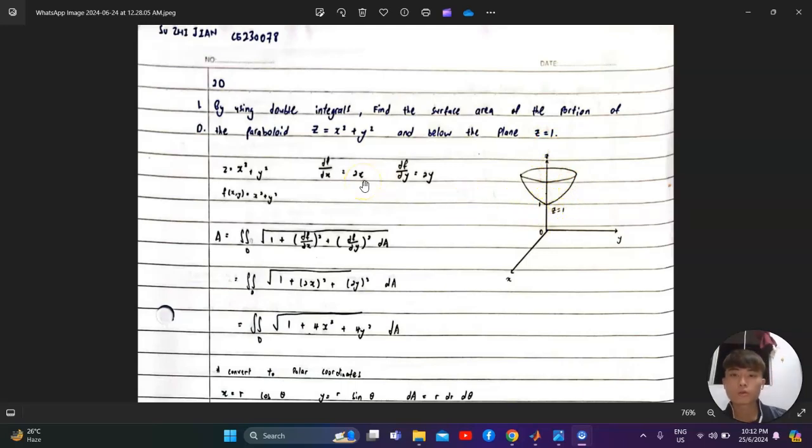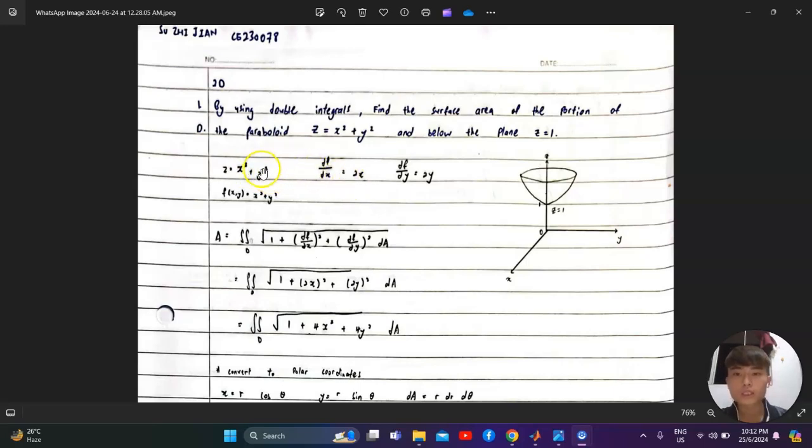So before we use the double integral, we need to know the surface area formula. This is the surface area formula, which is area equals the double integral of the square root of 1 plus the derivative with respect to x power 2 plus the derivative with respect to y power 2, and also dA. Now we need to differentiate with respect to x and also with respect to y.